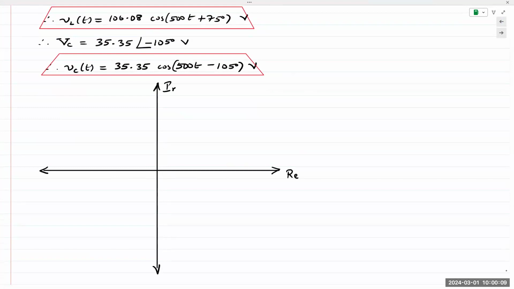What does a phasor need? A phasor is a vector. It only needs two things: magnitude and direction. So the length of the vector is the magnitude of the waveform with the phase angle.